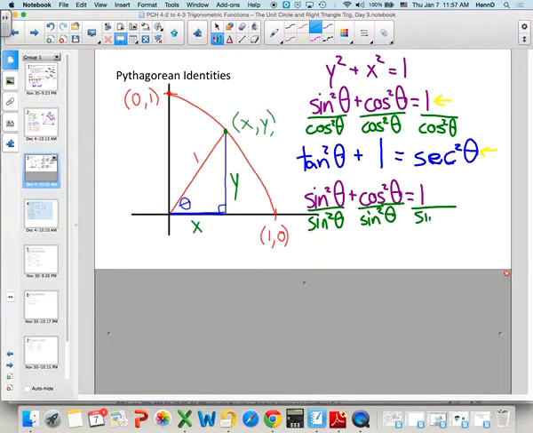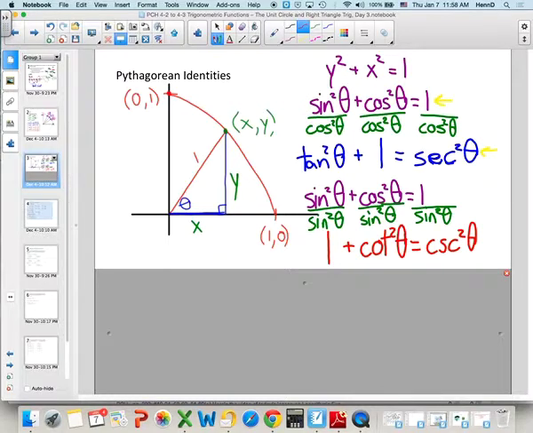And you're right, notice here sine squared over sine squared is 1. Since tangent is sine over cosine, if we flip that, cosine over sine, we get cotangent. So this is cotangent squared theta plus 1 equals cosecant squared. Yeah, there we go. 1 over sine is cosecant, so 1 over sine squared is cosecant squared.